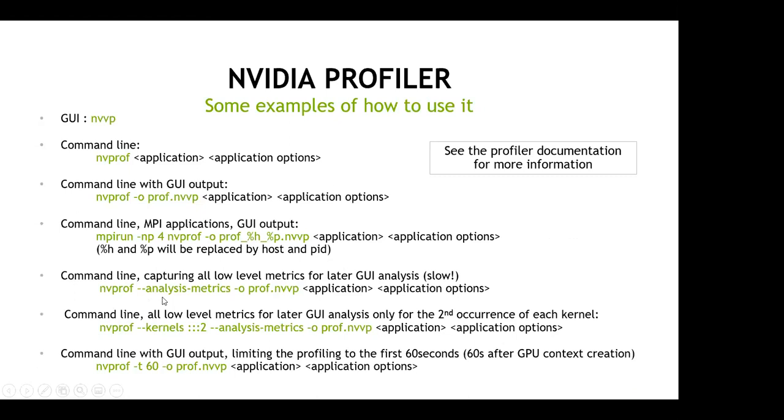Here you may also collect some low-level metrics. And if you do that, be careful with the --analysis-metrics option. NVProf will run the application many times because what you are telling it here is to collect all information regarding all metrics.